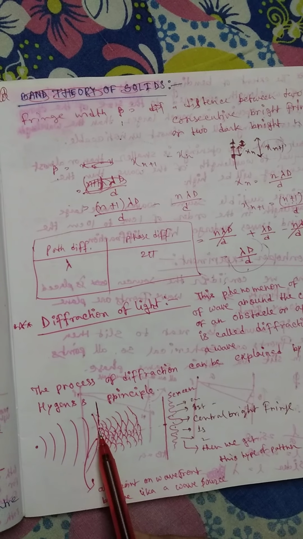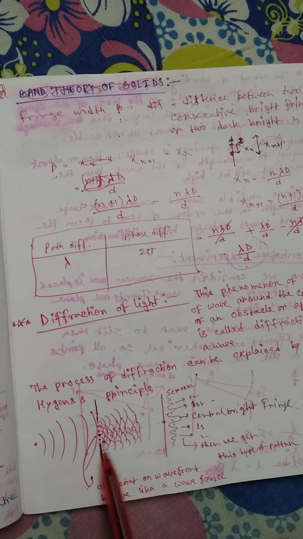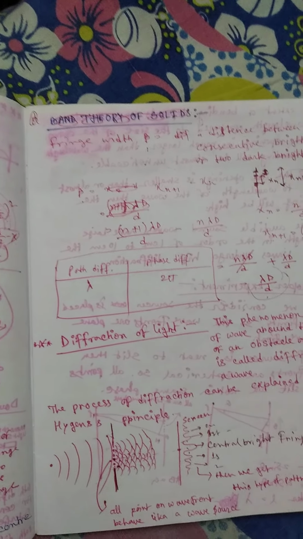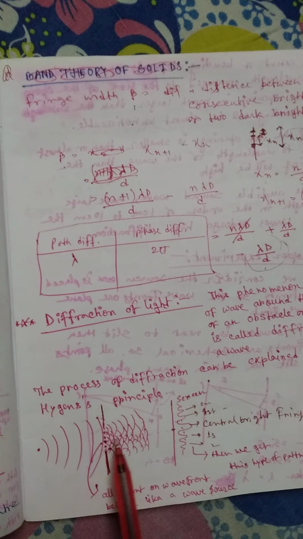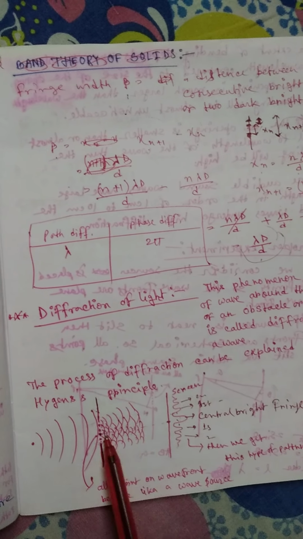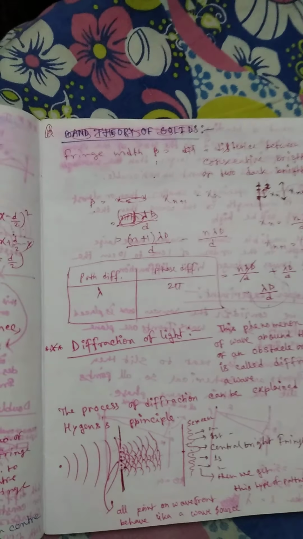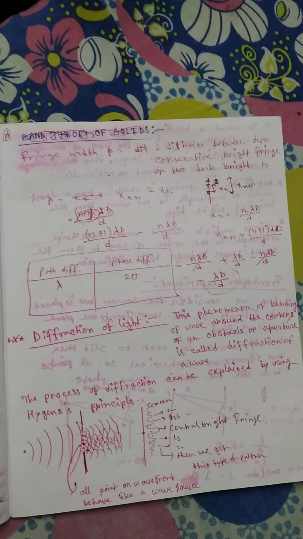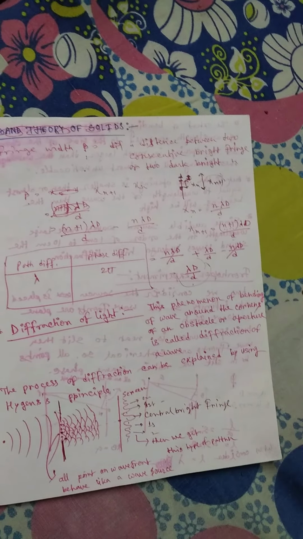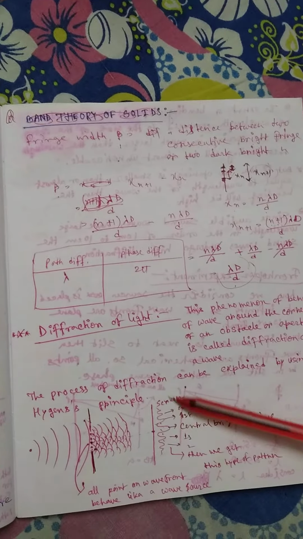That means all these points generate new wavelets, the secondary wavelets, which move in the forward direction and interact with each other, and then we observe the diffraction phenomenon.